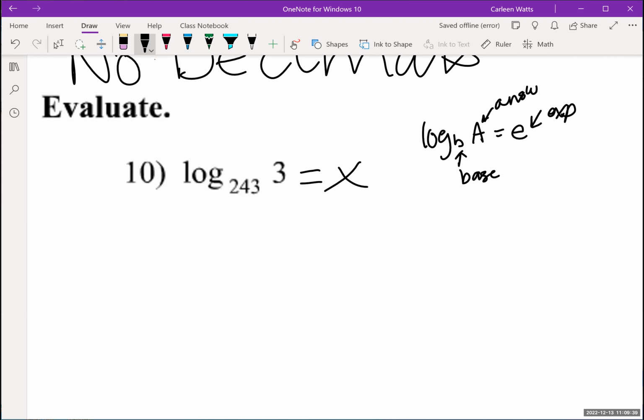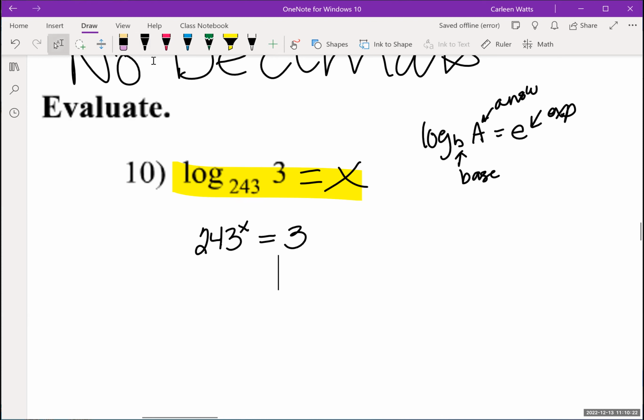Okay, so what is the base of this problem? What is the base? Oh, thank you, 243. What is the exponent? X is equal to, and the answer is 3. Huh. Somehow I'm going to take 243, put an exponent on it, and it's going to get smaller.